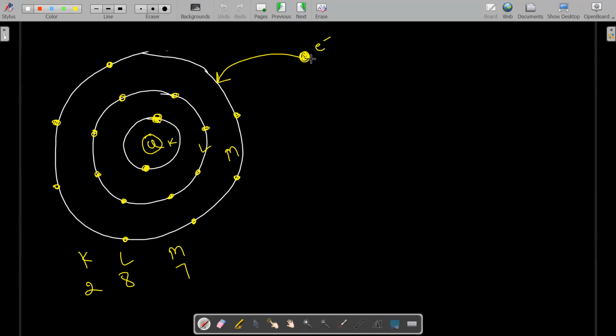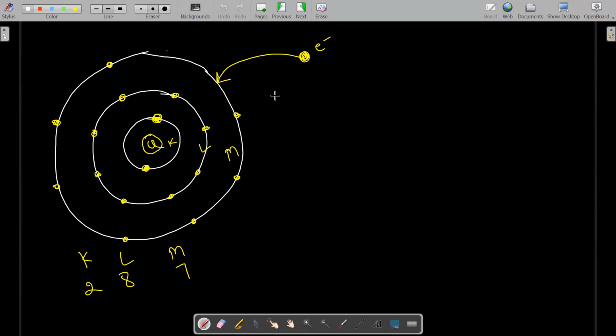So when an electron is coming closer to the nucleus, all of you know when an electron is coming from excited state to ground state, or we can say it is coming closer to the nucleus, so the energy is released. So this is the reason electron gain enthalpy is negative. Because when an electron is added, it is attracted towards the nucleus. The nucleus is taking this electron, attracting this electron.